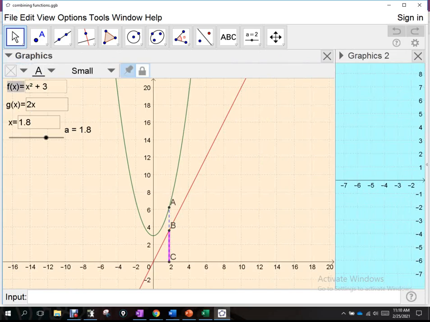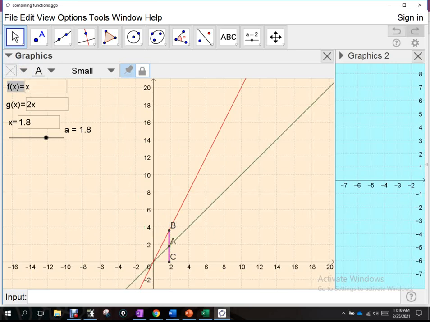So I'm going to type in here, we just want x. So there's x, and then I want to type in 3, and there's y equals 3. Does that make sense to everybody?